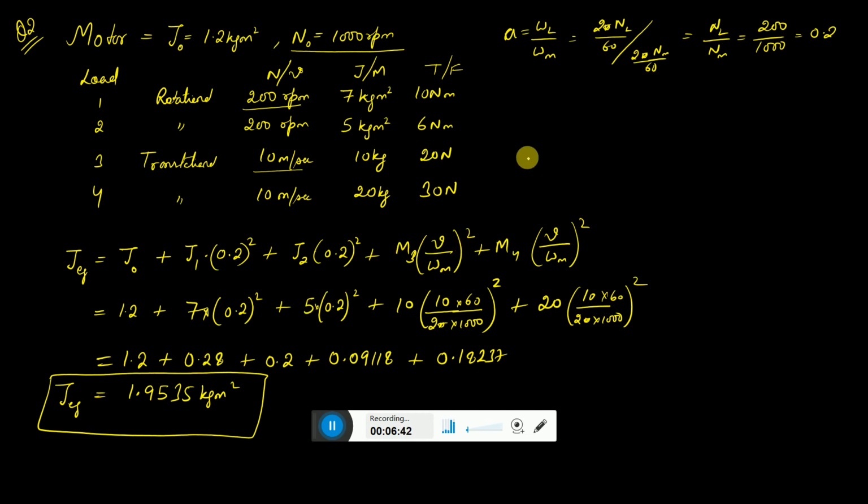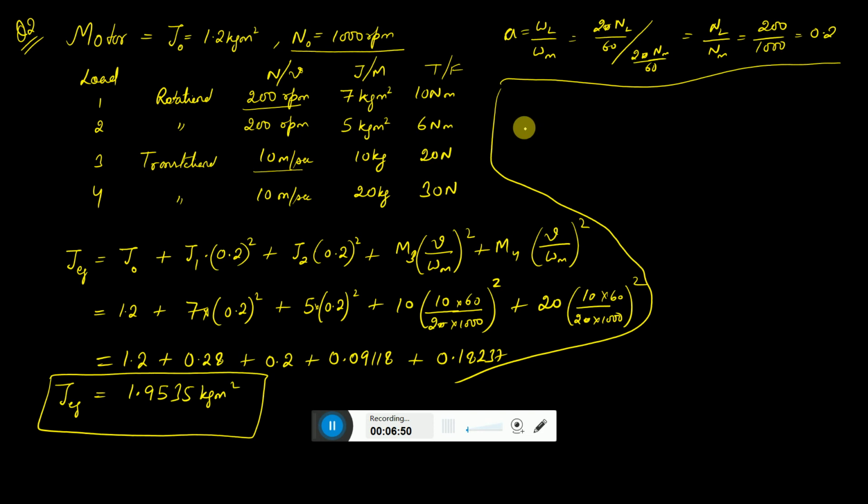Now, what's the value of the load torque TL? So TL equivalent we can write TL is equal to TL1, that is 10 Newton meter, into A, TL2 into A, and force into velocity.